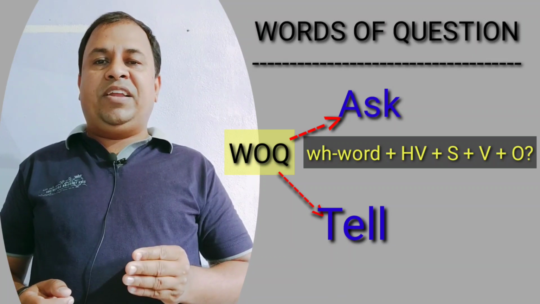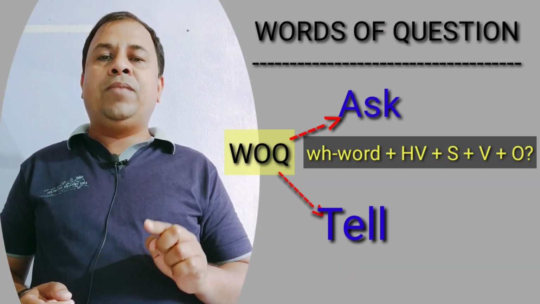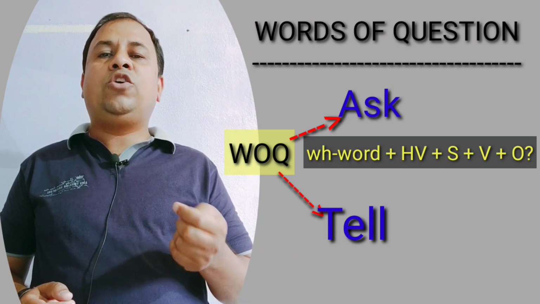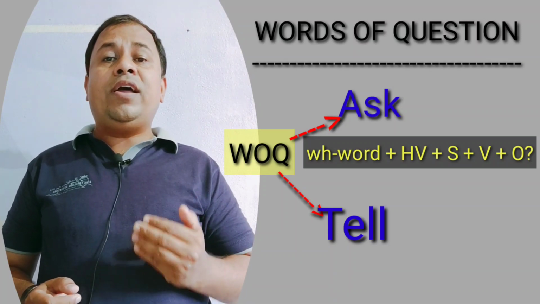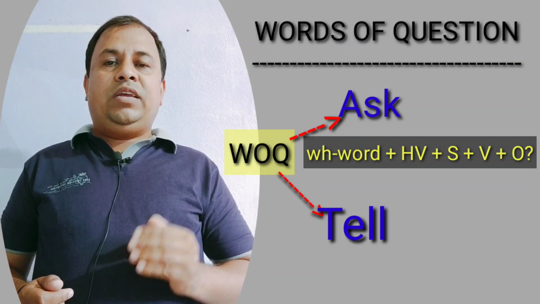So the formula to ask a question: WH words plus helping verb plus subject plus verb plus object, and then question mark.